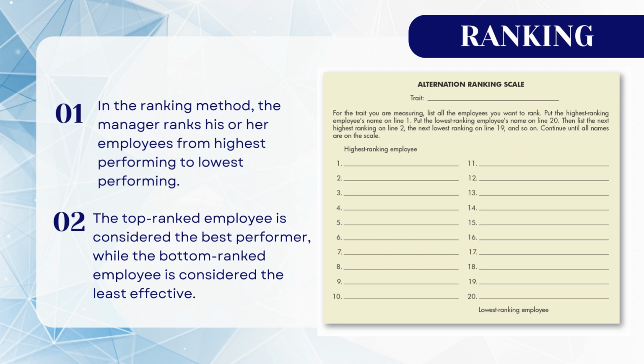However, it may not be as useful for larger teams because it doesn't indicate the difference in performance between two consecutively ranked employees. For instance, as a manager of a sales team, I might rank my sales associates based on the amount of sales they have made in the last quarter. The associate with the highest sales would be ranked first, while the one with the lowest sales would be at the bottom. But there's a downside in using ranking.